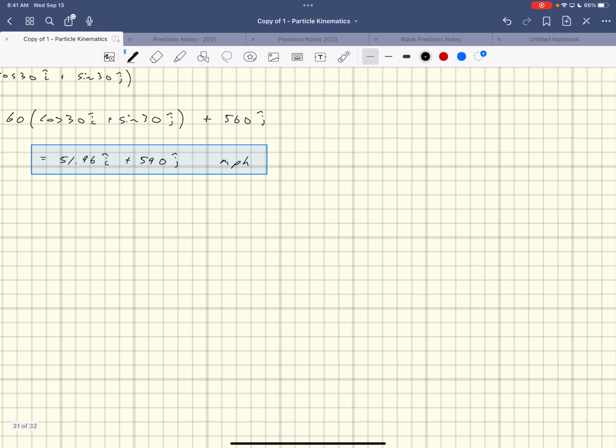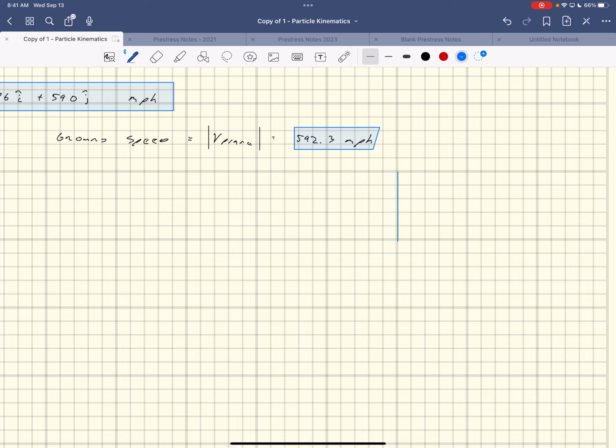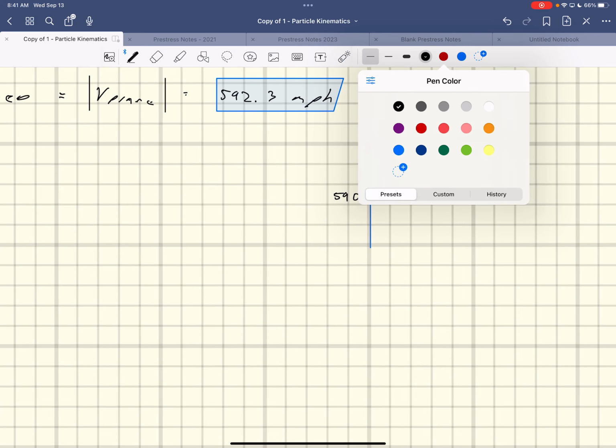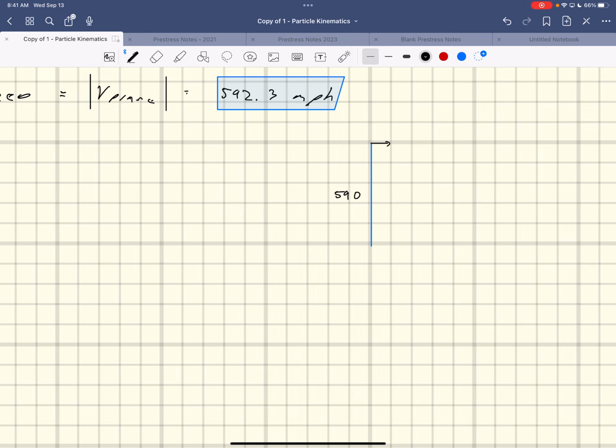So say v plane ground speed is equal to the magnitude of v plane, which ends up being 592.3 miles per hour. And then if you draw this vector out, we got 590 in the j direction, and then we've got a small component, 51.96, and that's the degrees off north.